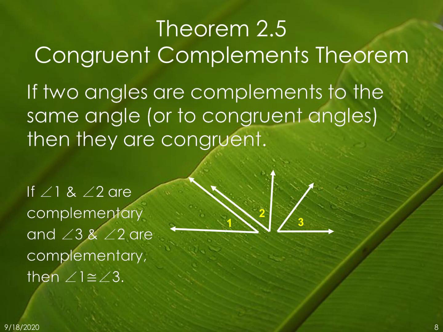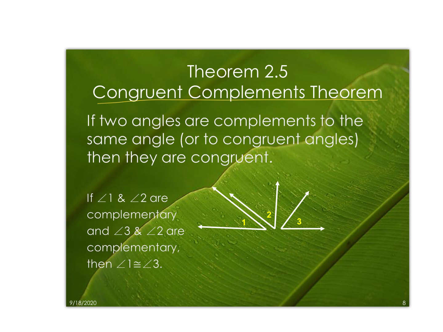When we go to 2.5, we get to the congruent complements theorem. And again, this is the same idea as the congruent supplements theorem. If two angles are complements to the same angle or congruent angles, then they are congruent. The only difference here is that the angles are complements.